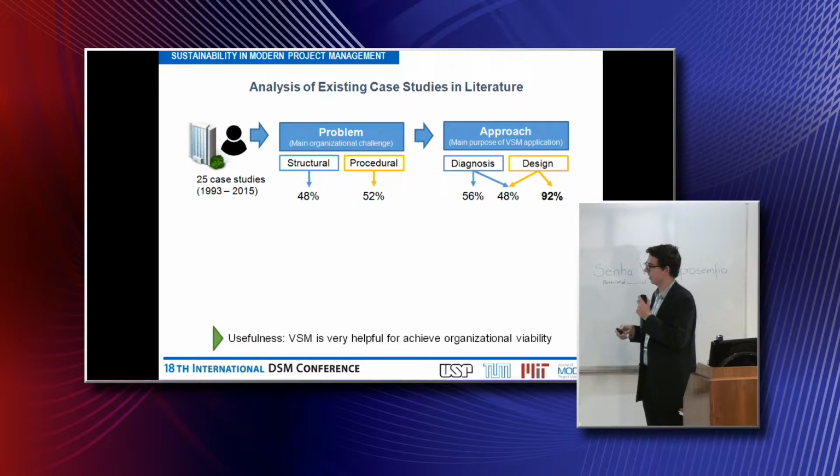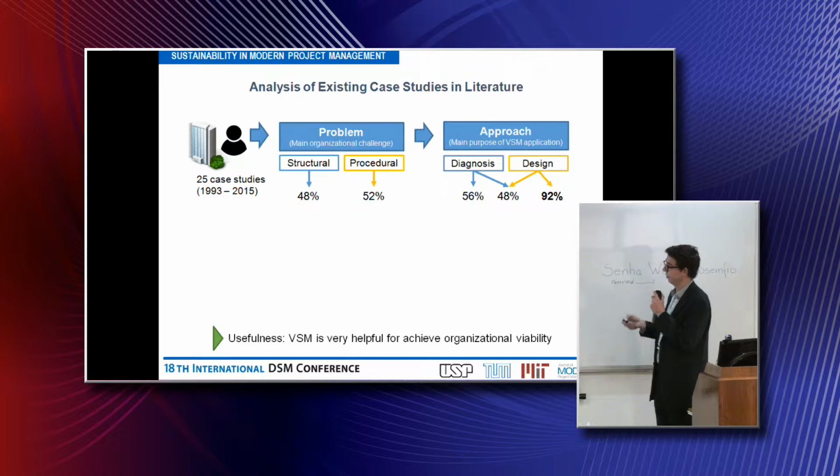foundation. And it has been there for quite a while, and there are some case studies available on the viable system model. So it has been applied in different industry sectors by different scholars. And in total, there are 25 journal papers, 25 case studies.